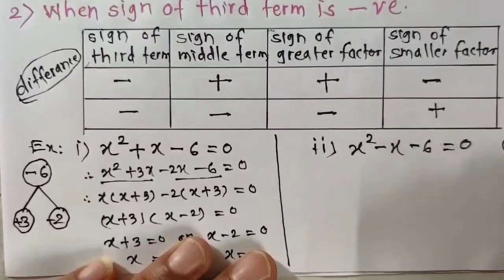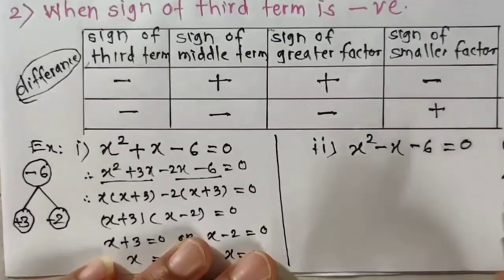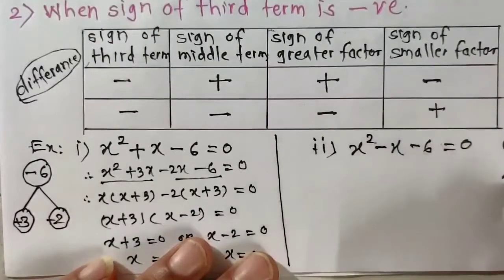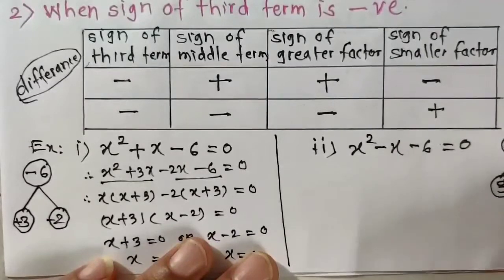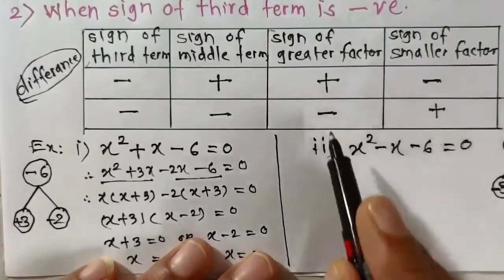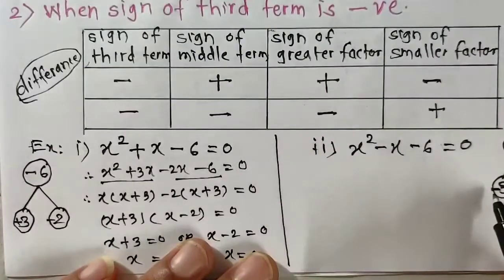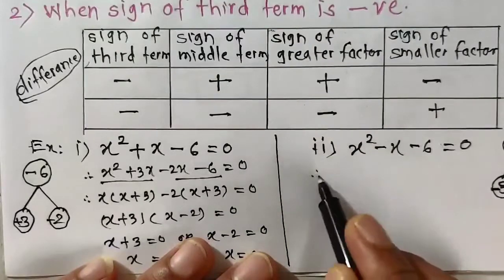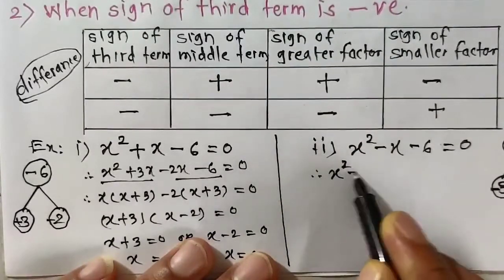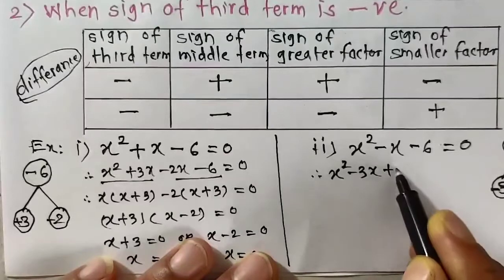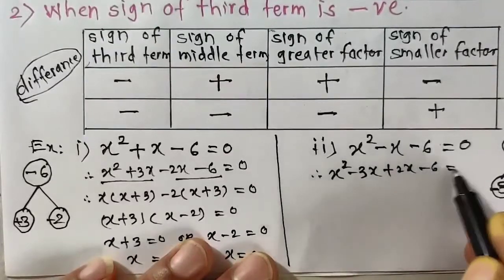Then find the two numbers whose product is 6 but their difference is minus 1. So again we get 3 twos are 6, but minus 3 plus 2. The greater number gets the sign of the middle term, the smaller number the opposite sign. So we get x square minus 3x plus 2x minus 6 is equal to 0.